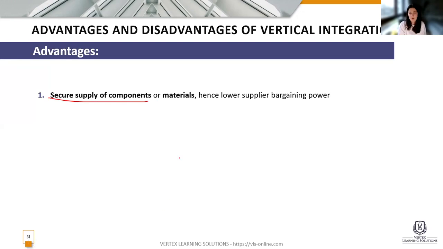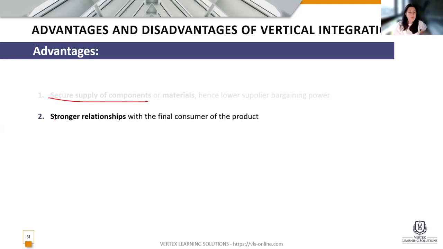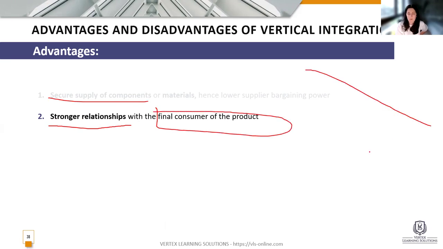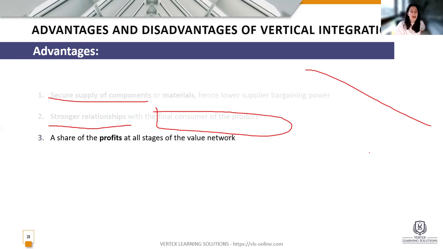Also, we will be protected in terms of cost because it is easier to control cost at the source of creation rather than to control markups in the chain. Also, there would be a stronger relationship with the final consumer of the product because we will know everything from scratch. A share of the profits at all stages of the value network will be ours.